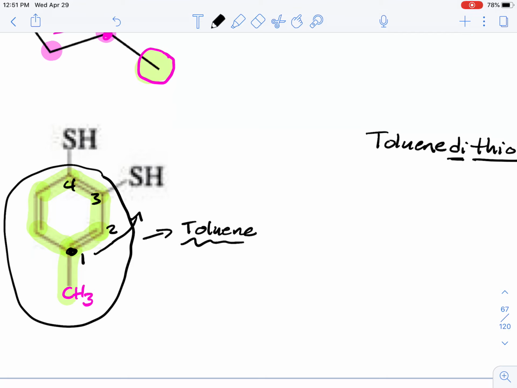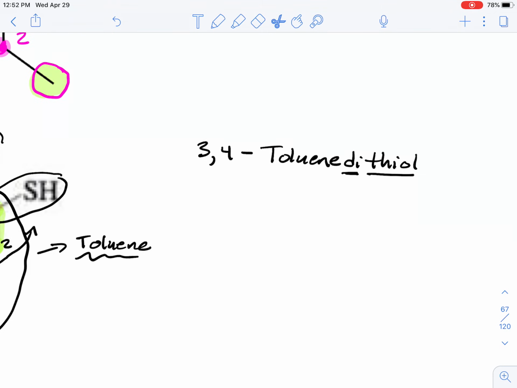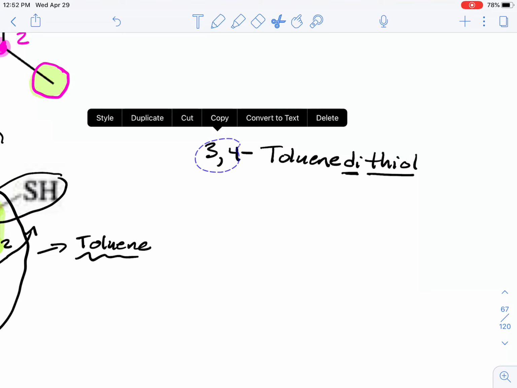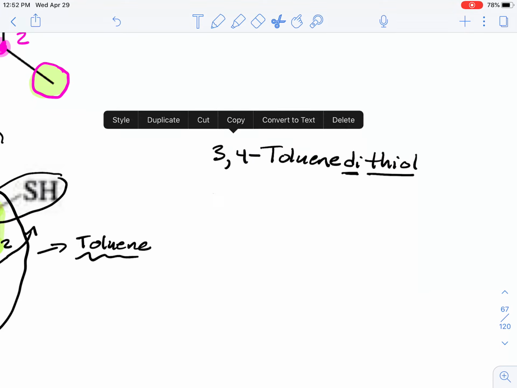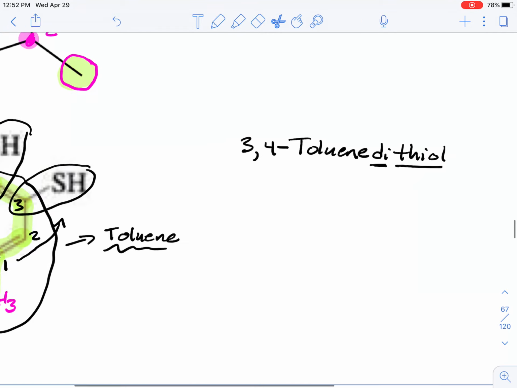So it looks like we have a sulfhydryl group on carbon 3, sulfhydryl group on carbon number 4. So we're just going to go ahead and put in 3, 4. 3,4-toluenedithiol.